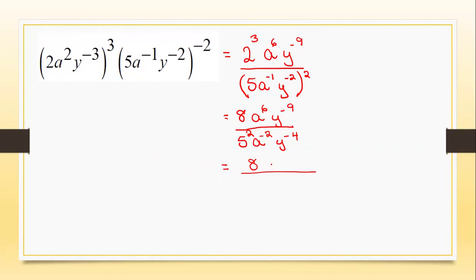So again, it's a quotient. So I now have a to the power of 6, I have negative 2. It's a quotient, so it's now negative times negative 2. We're subtracting if we have a quotient. 5 squared gives us 25.